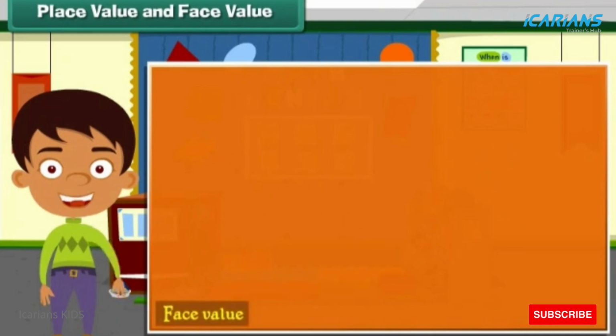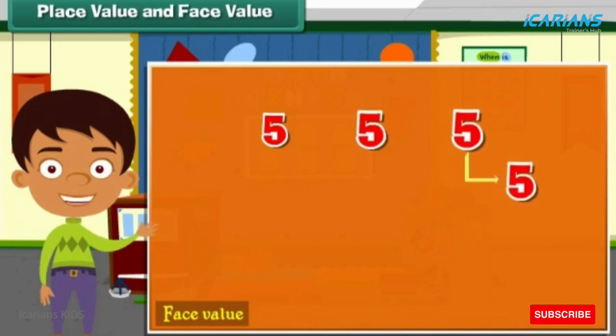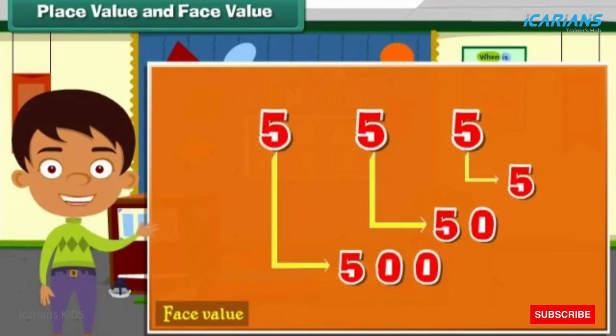The face value of a digit is the digit itself. The face value of the digit 5 in the number 555 is 5 at each place, but the place value of 5 is different at each place. Moving from left to right, the values of the three fives in 555 are 5, 50 and 500.